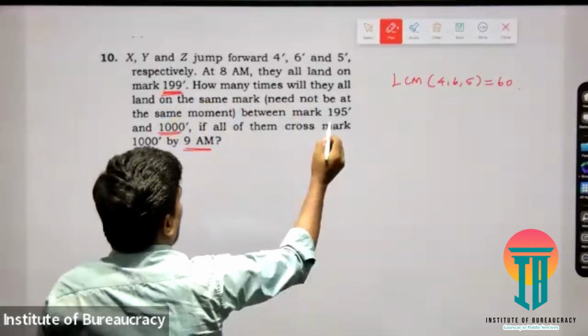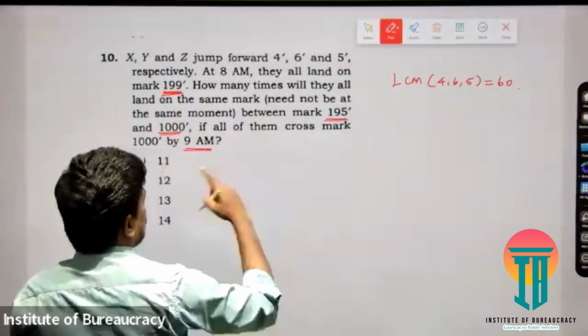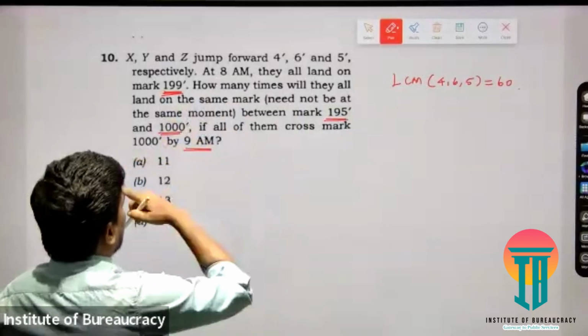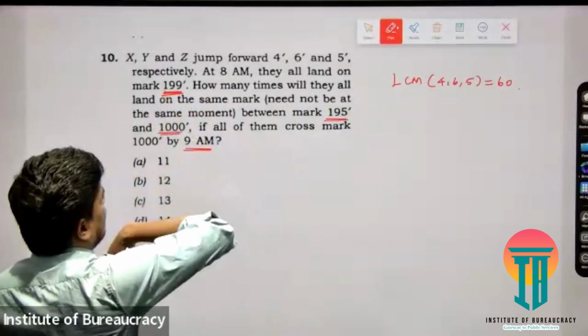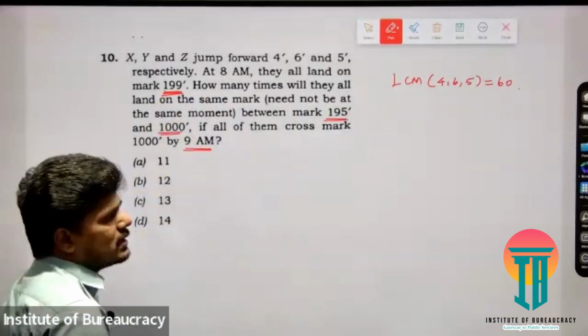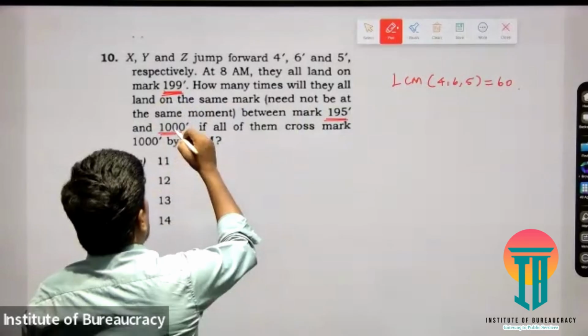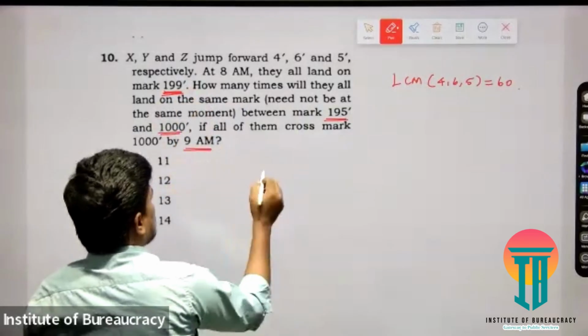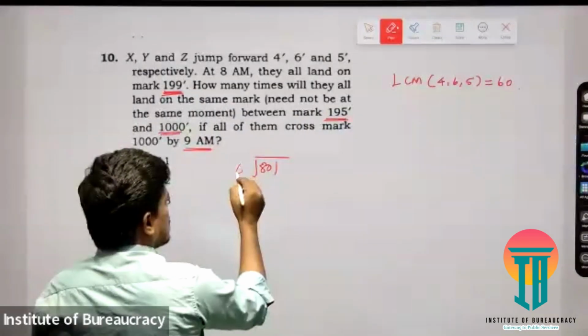The question is about 995 inches to 1000 inches. When they are at this mark, I mean 199 inch, they are all together. So in that case, 1000 minus 199 is going to be 801. So you divide this 801 by 60.